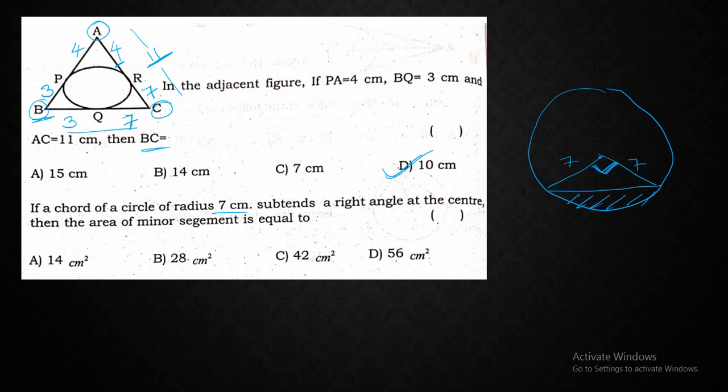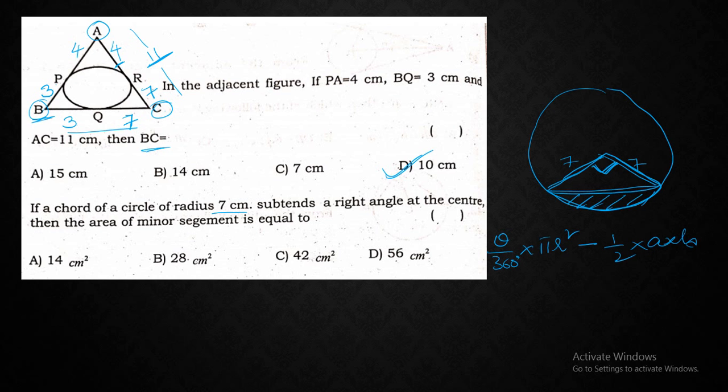So if I want to find that, what I need to do? I need to consider the area of this sector minus the area of this triangle. So the area of sector formula is theta by 360 into pi r square, minus half into base into height.